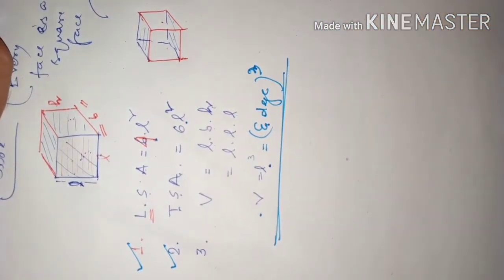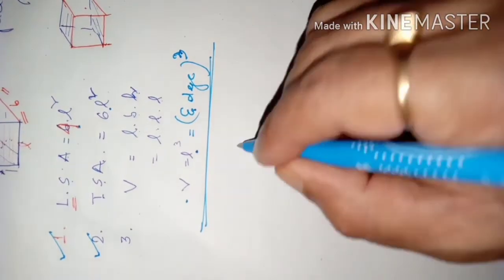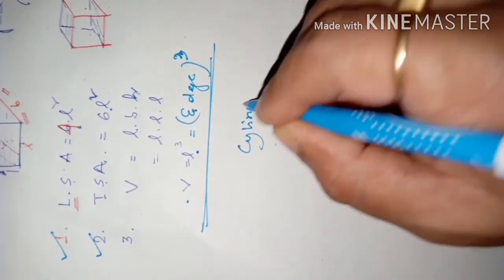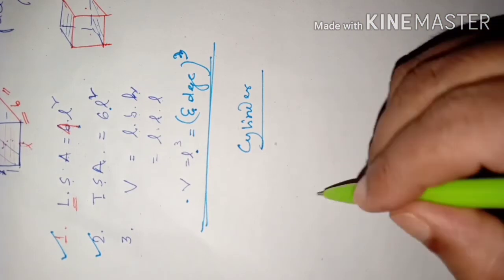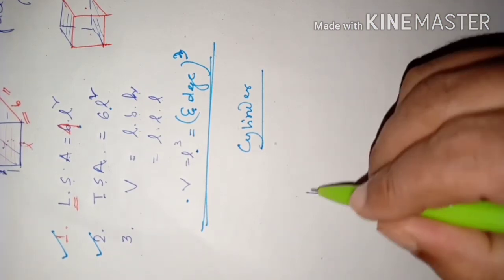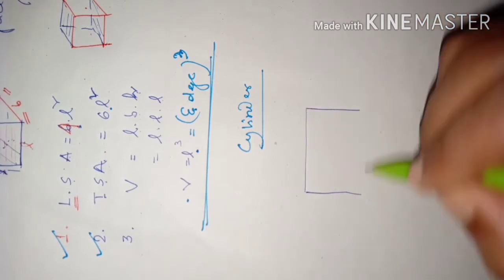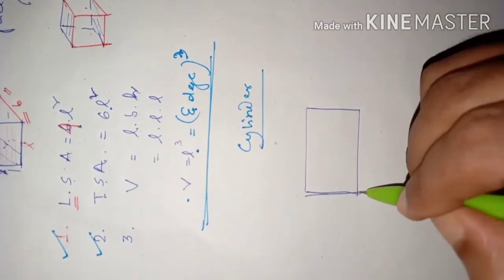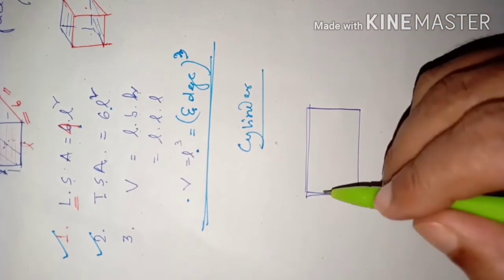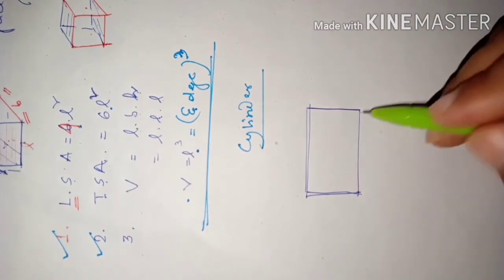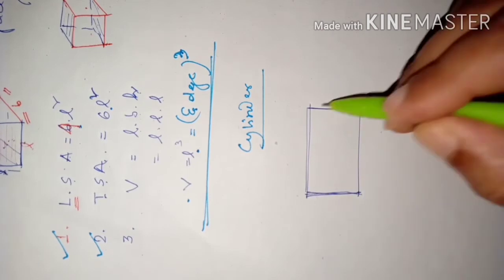Okay, now let us talk about another solid, the cylinder. Dear students, suppose you have taken a piece of paper and you have rolled this piece of paper to give the shape of a cylinder like this. Suppose you have rolled from this side to that side, and you want to join this side with this side.